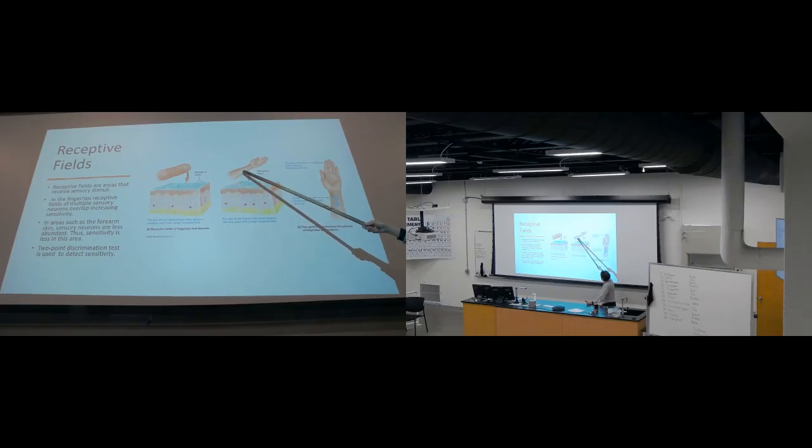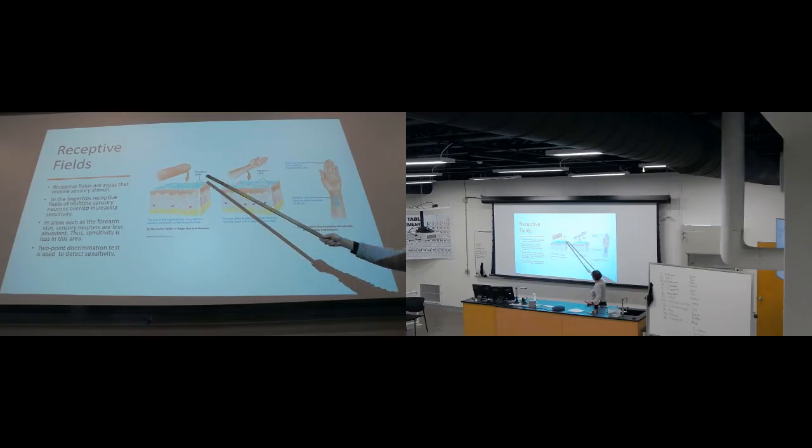And then in the forearm, we have fewer neurons, as you can see here, and the receptive field is larger. So you have less resolution in terms of what you're feeling in the forearm versus in the fingertips.